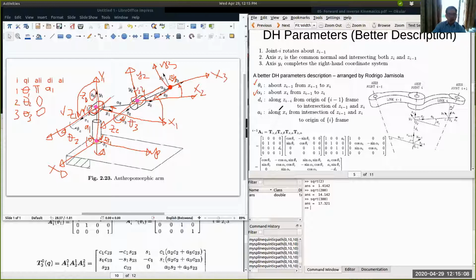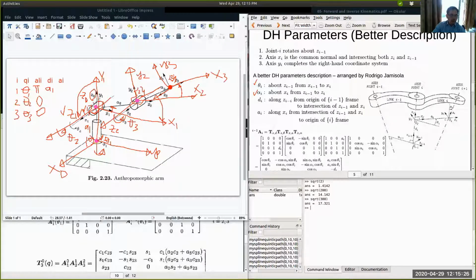What about D2? D2 is along Z1. Where is Z1? Z1 is here, along Z1 from the origin of frame 1.